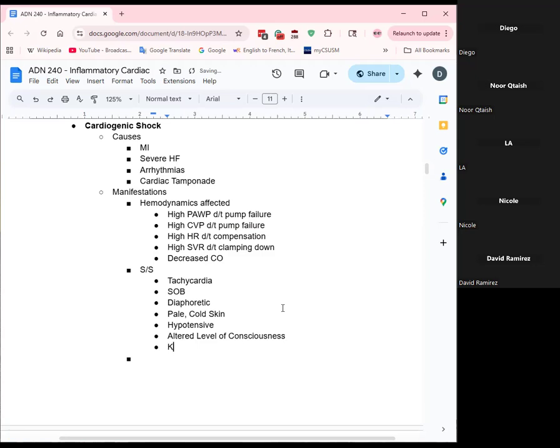So low urine output. So remember that when your body is hypotensive, your kidneys are going to compensate by activating the RAS system, which involves the use of aldosterone in order to cause fluid retention.